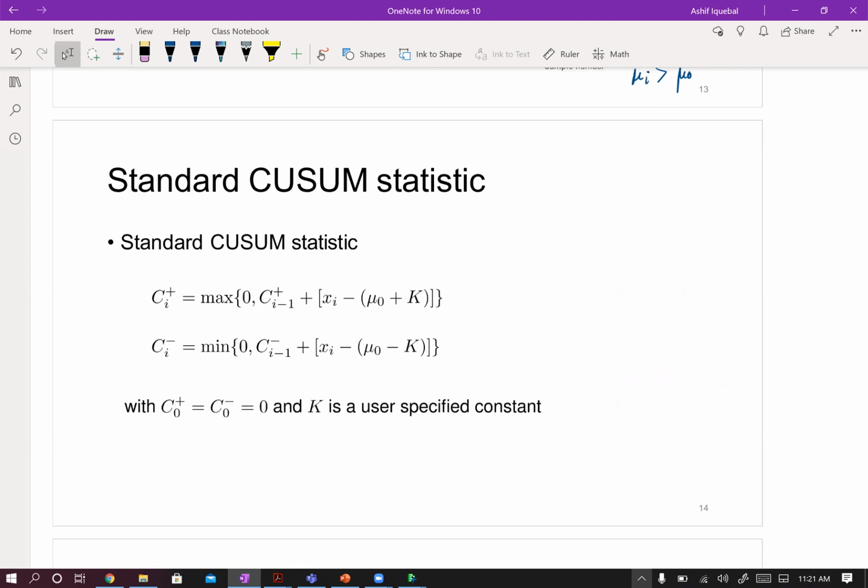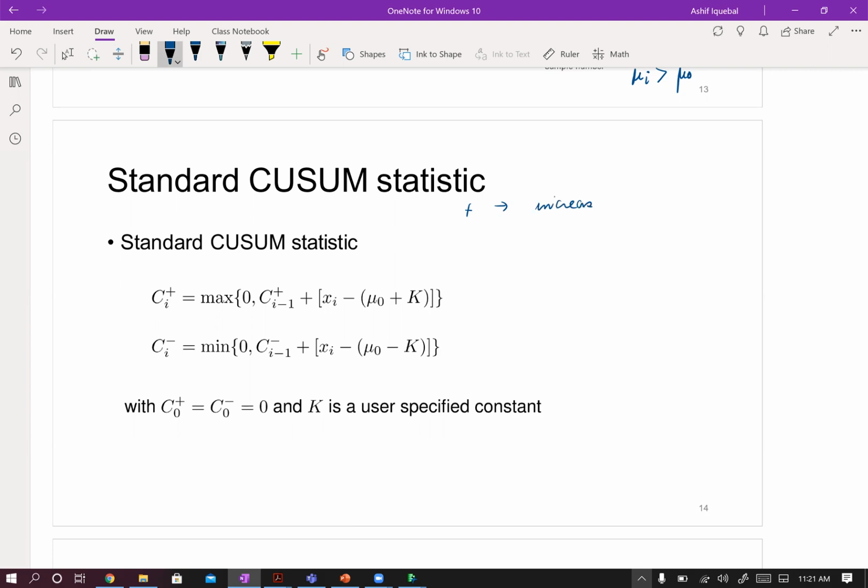So the standard formulation of the CUSUM statistic is not that different from what we have studied right now. A standard CUSUM statistic takes care of both cases, the upward shift and the downward shift.